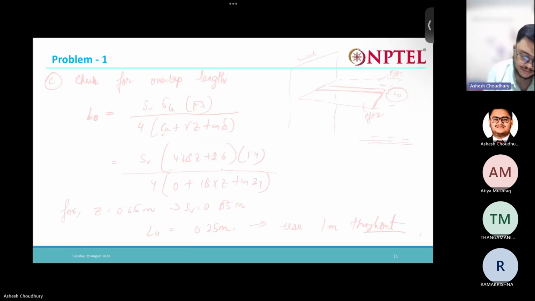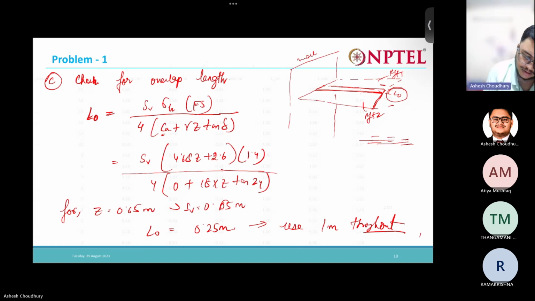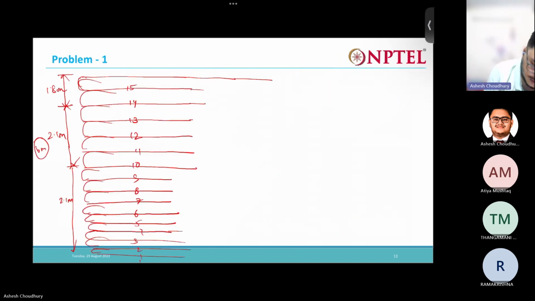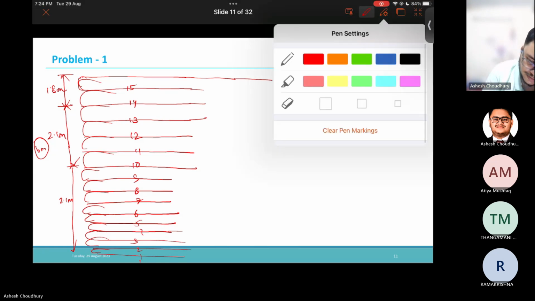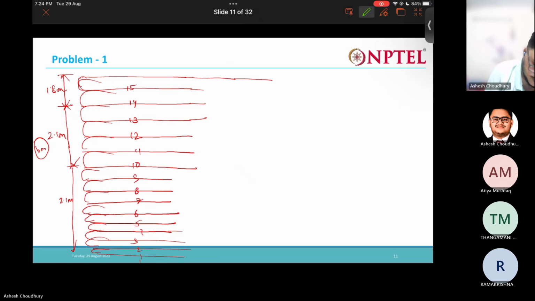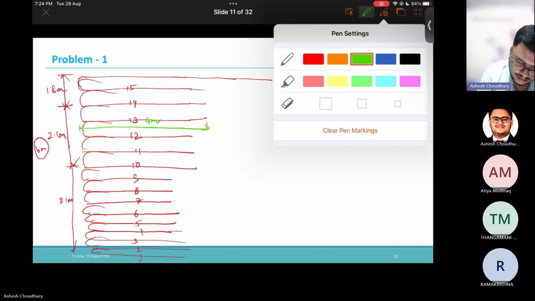Now, what were the lengths that we provided? If you remember, for the first three layers, it was 4 meter. So these layers, it was 4 meter.